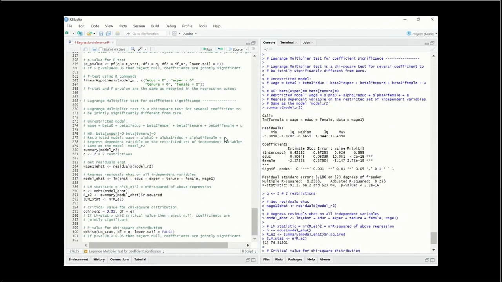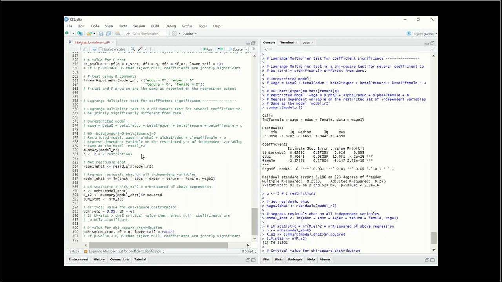Notice that tenure and experience are not included here. So we are going to be regressing the dependent variable on the restricted set of the independent variables. This will be the same as the second restricted model that we estimated above. And here we would have 2 as the number of restrictions because we're testing for 2 coefficients.